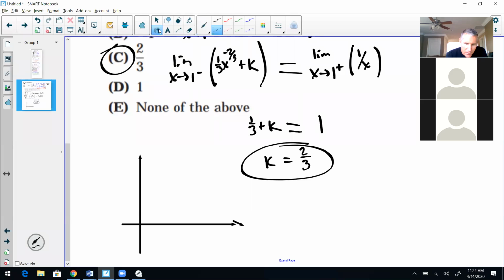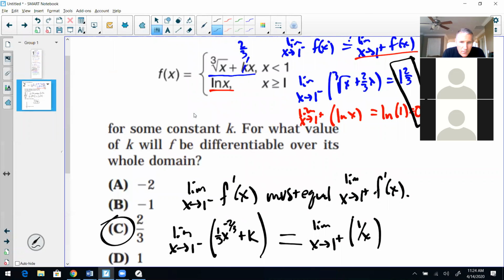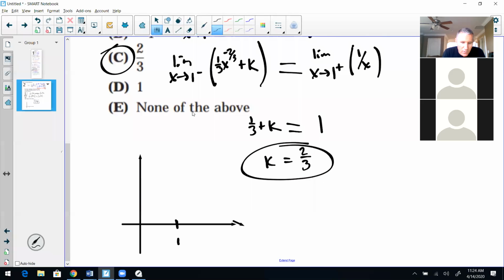So as we get close to 1, we have the left-hand limit, so it's going to look like this. This guy is going to look like that, right? Because that's what the natural log would look like.